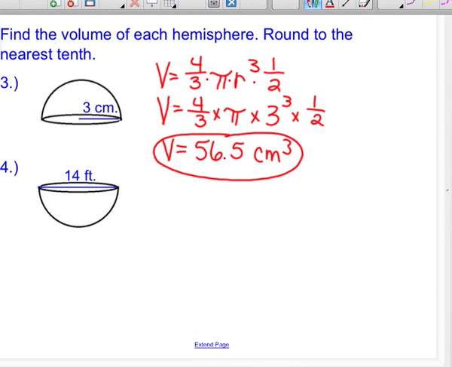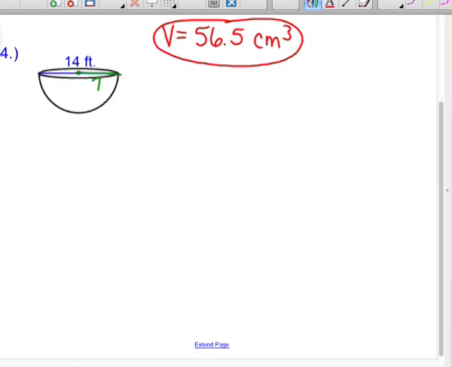Okay, make sure you can arrive at that answer on your own with your own calculator. And this is actually another hemisphere, but they are showing a diameter here. You've got to remember, take half of that, so the radius is actually 7. Formula: 4/3 pi r to the third, then times half.